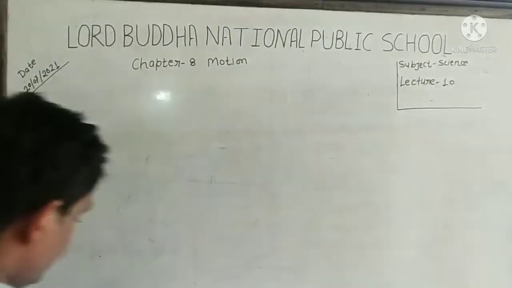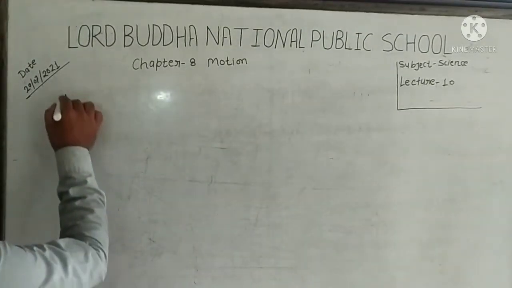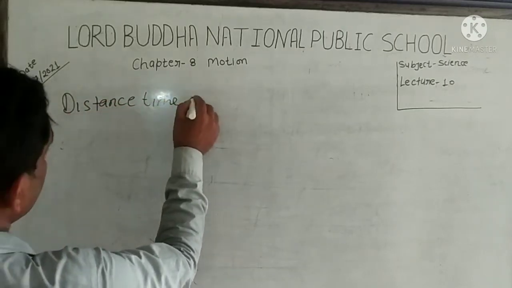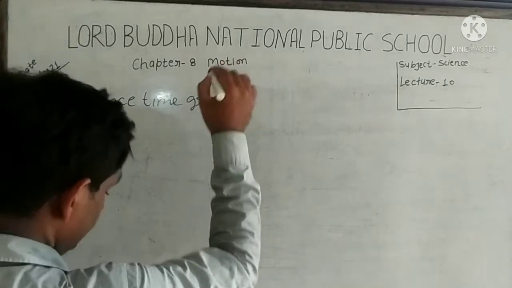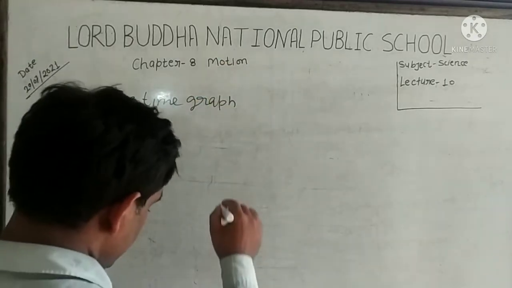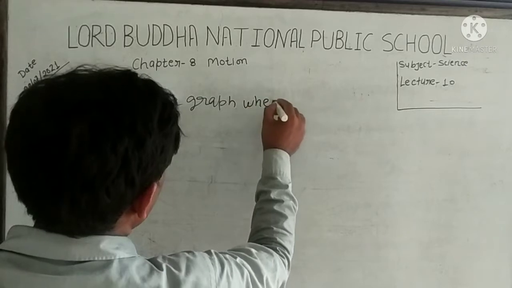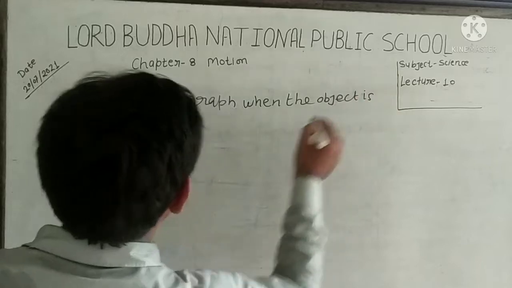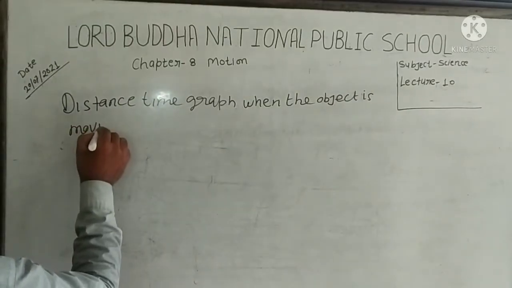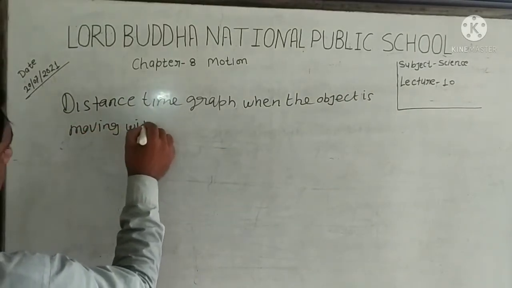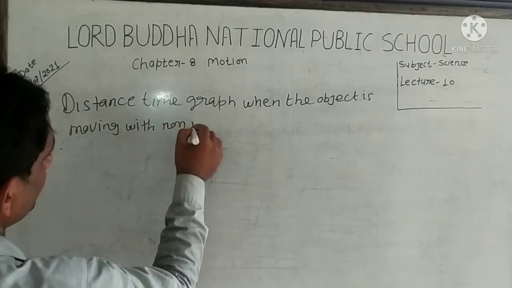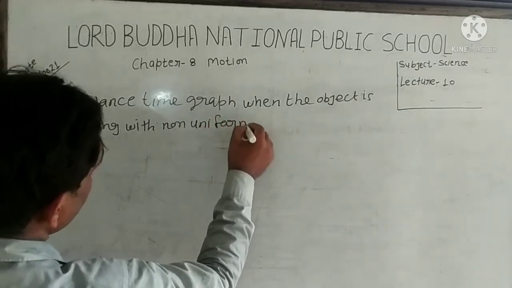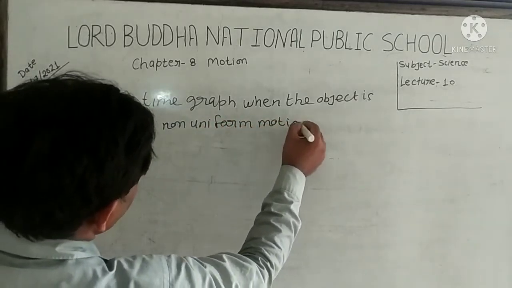Our topic is distance time graph when the object is moving with non-uniform motion.